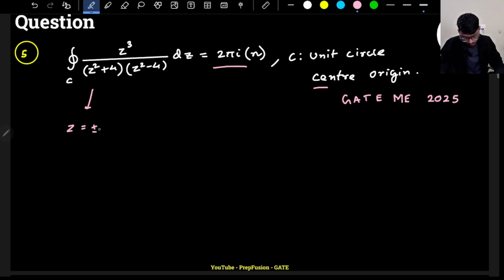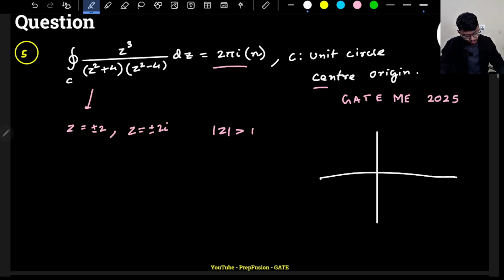The magnitude of the poles is always greater than the radius, that is 1. So none of the poles are lying inside the contour. All of them are lying outside the unit circle.